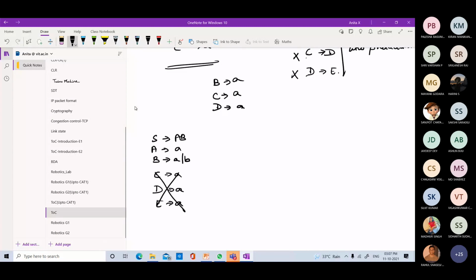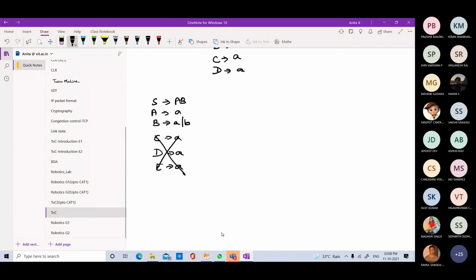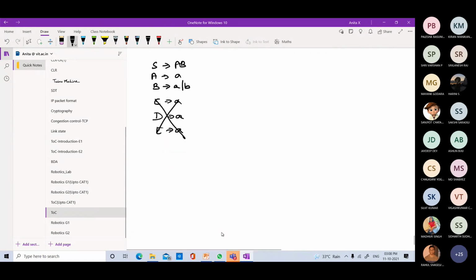The final grammar will be this: S derives AB, A derives A, B derives A or B. Please wait, it will be clearer when we see one more example. For unit production elimination, let us see one more example. S derives A or B.